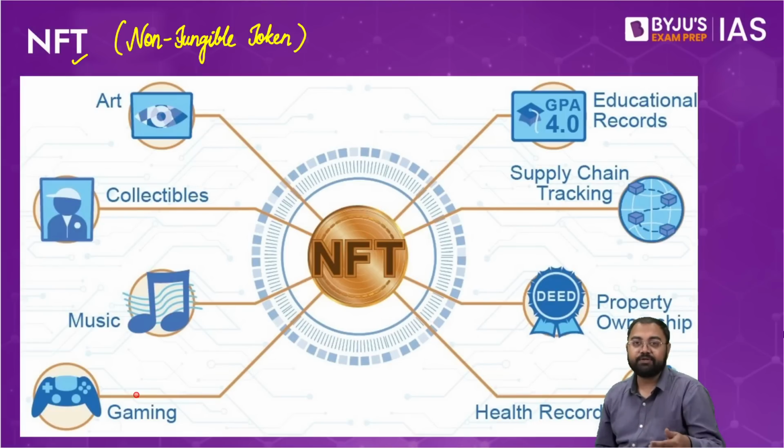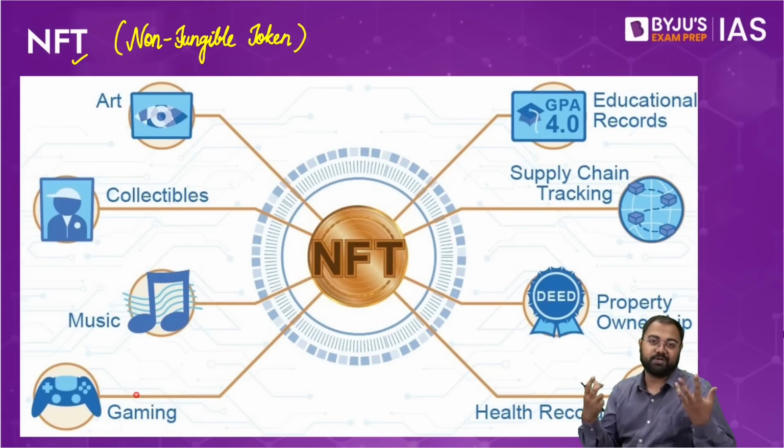For example, in your ticket, your seat number would be written, or maybe your name would be written. That is a difference. Otherwise, the design is the same, so everyone is getting a similar looking ticket, just that the names and the seat numbers are different. So something similar is a non-fungible token, where let's say I am a very renowned painter, a digital artist.